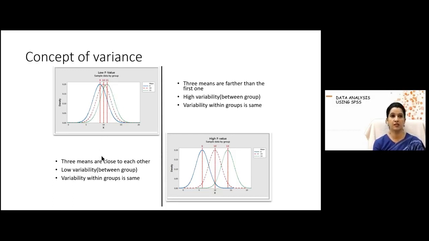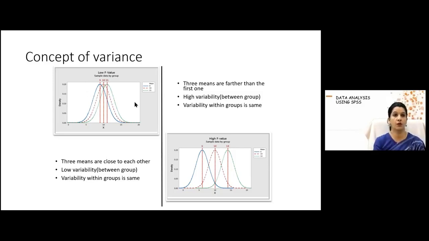So the three means are close to each other. There is low variability between the groups, but the variability within the group is the same. If you see the height and everything, all the bell-shaped curves are the same. So the variability between groups is low, but the variability within the group is the same for these three.